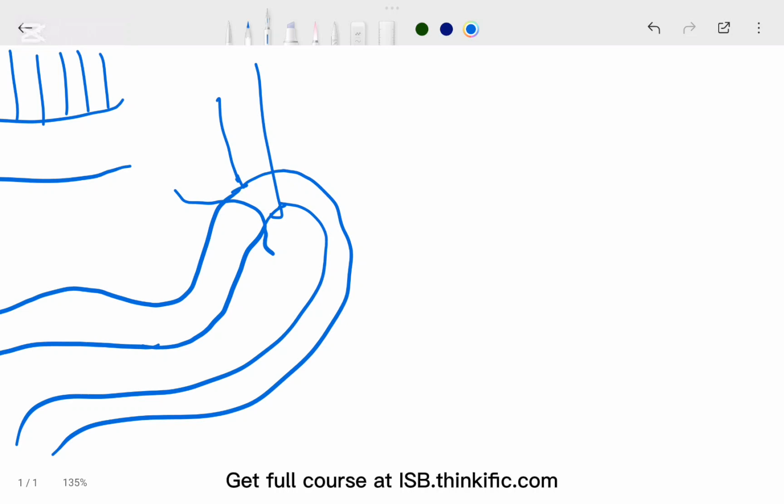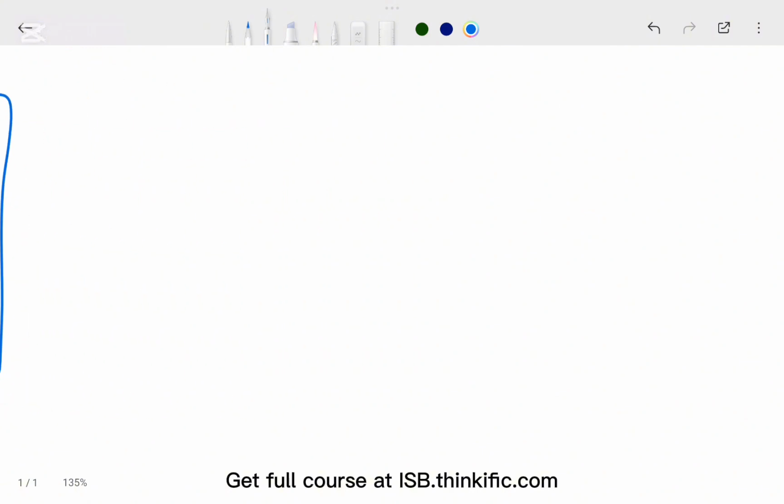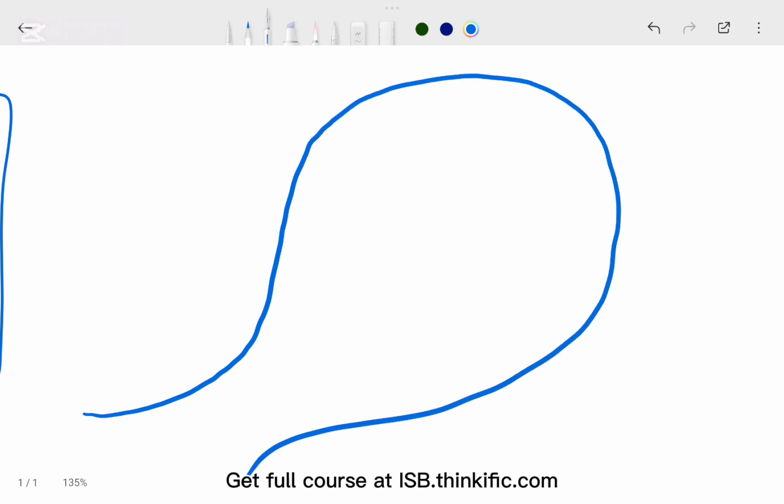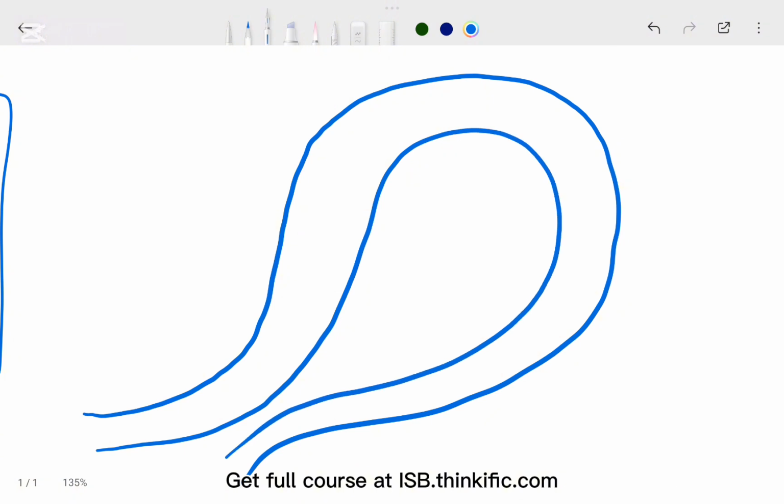A pocket of peritoneum, I will just draw this area on its own here. So that's the fourth part of the duodenum moving out and becoming continuous with the jejunum. This is the point where it has moved out from the peritoneum. Now it's intraperitoneal.